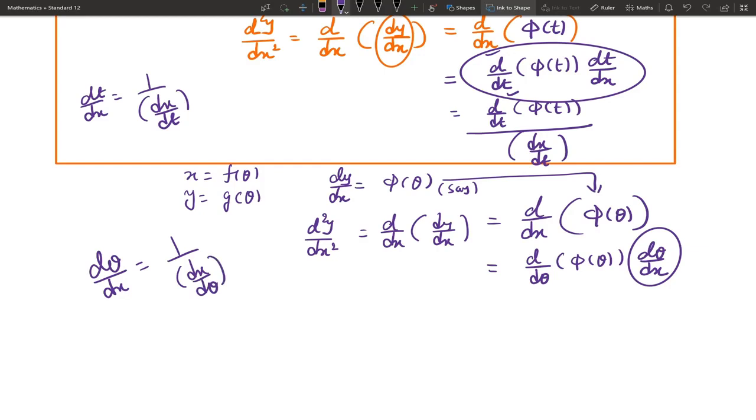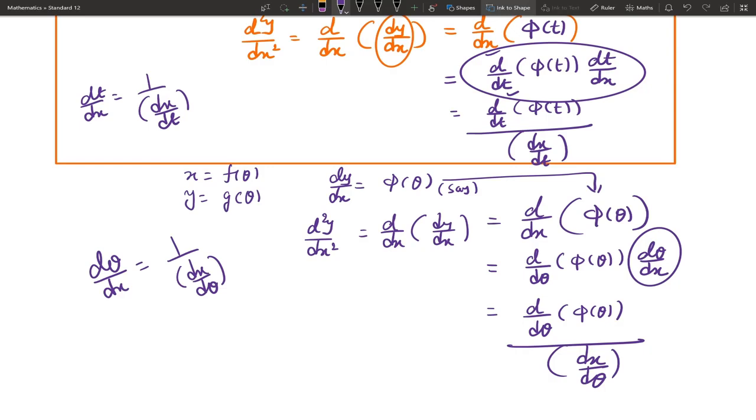So finally this will be d by d theta of phi of theta upon dx by d theta. The second order derivative is nothing but differentiating first time, and again differentiating a second time.